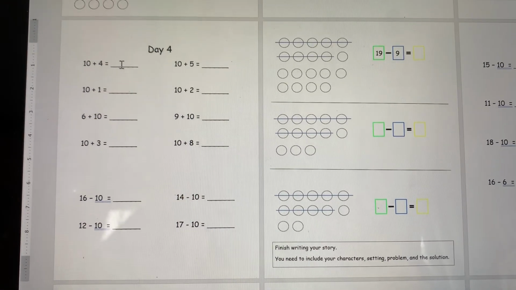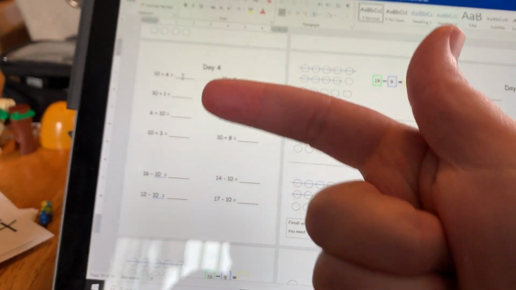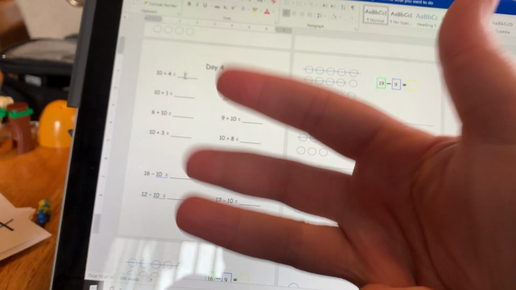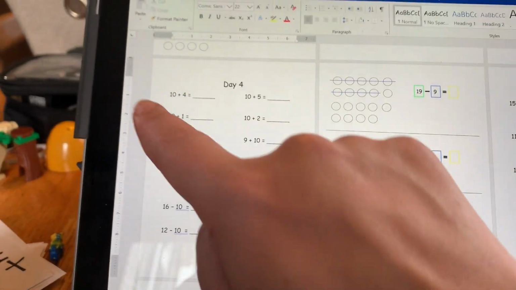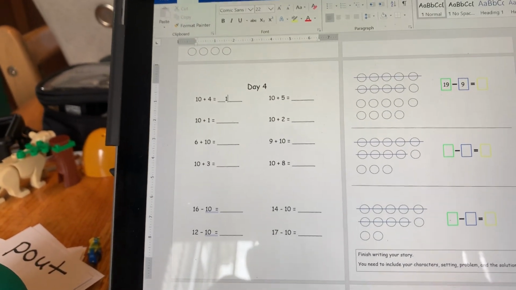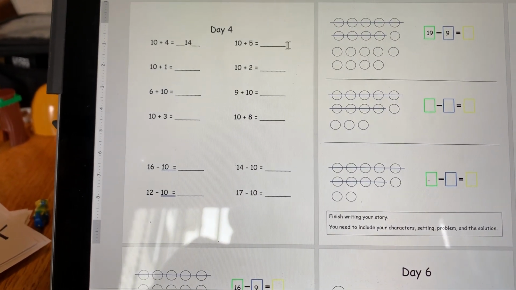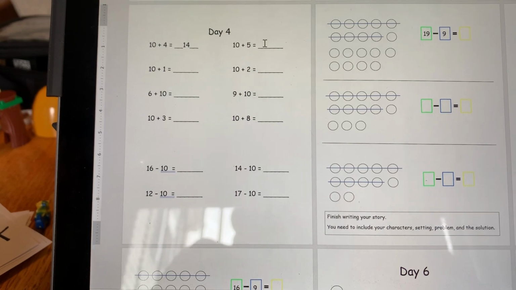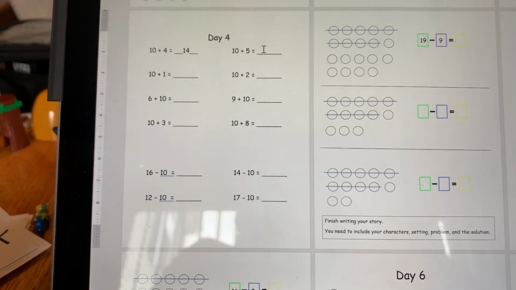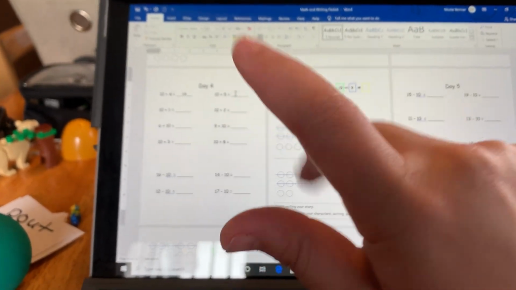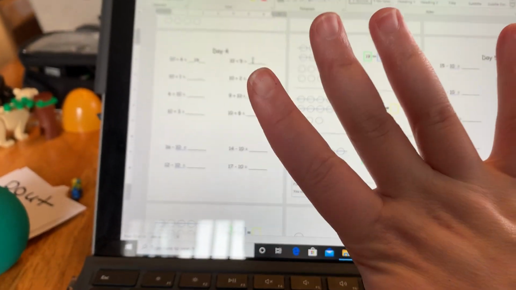So I'm going to count on 10, 11, 12, 13, 14. I counted on 4 more because my problem says plus 4. So I'm going to write 14 here. Then I'm going to go on to the next one. 10 plus 5. So I'm going to count on 5 more. 10, 11, 12, 13, 14, 15.